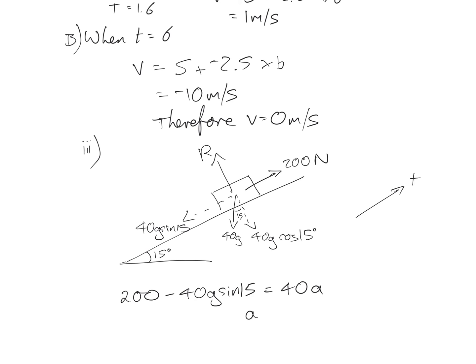equals the mass, which is 40, times the acceleration. So we can work out from that the acceleration equals 200 minus 40g sine 15, divided by 40, which is 2.4657.